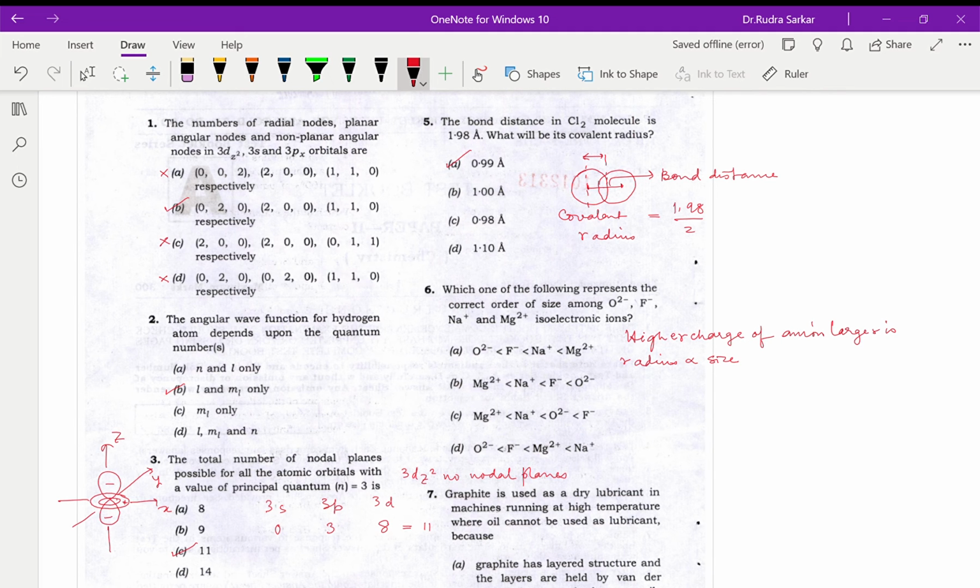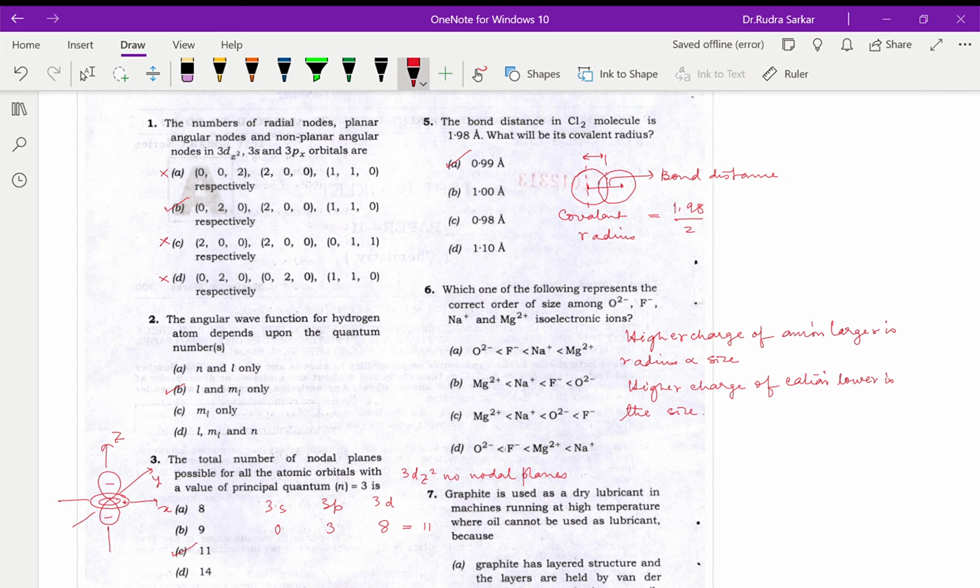Okay, higher charge of cation, lower is the size.